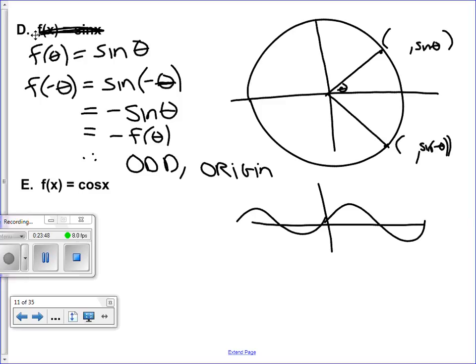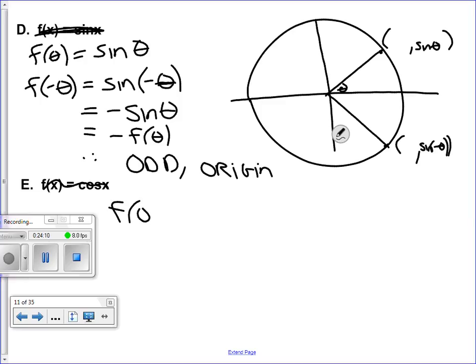Okay, so we're going to approach the cosine. We're going to determine if cosine is odd or even the same way. I'm going to write in terms of theta, though. I'll keep the same picture up there, but I want to use theta so it doesn't get confused with the x coordinate. I don't want to name the angle the same thing. So f of theta.